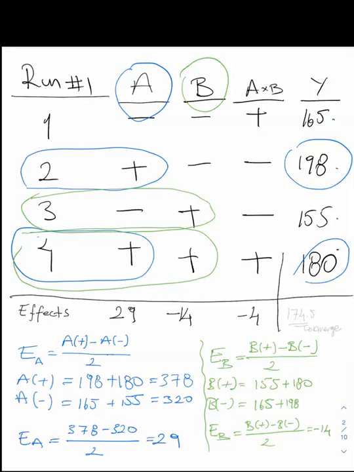Okay, and the average of Y is everything averaged, so that will be 174.5, and that's the average. Okay, and with that I can calculate the system response.